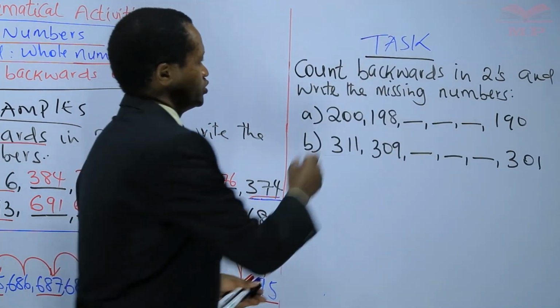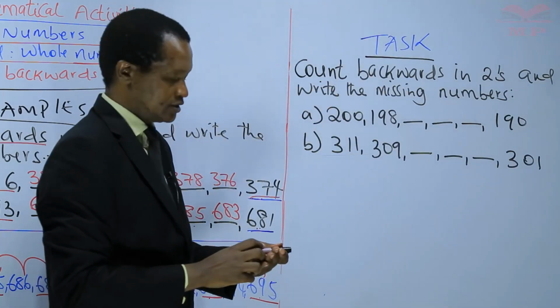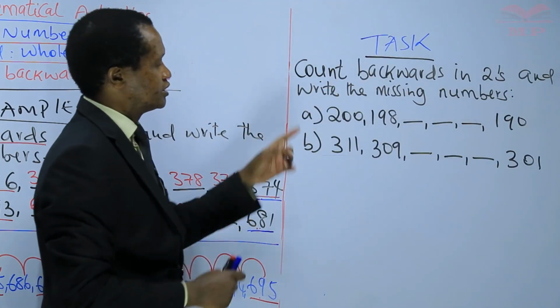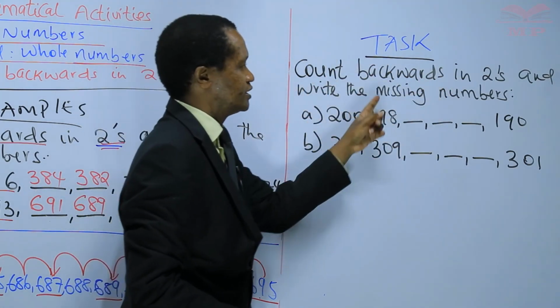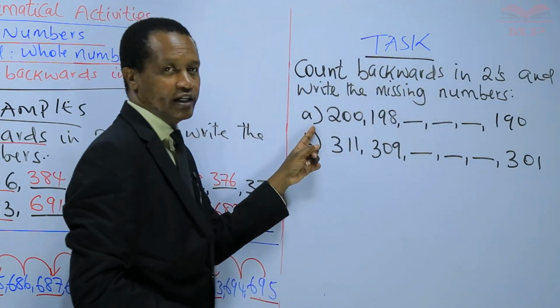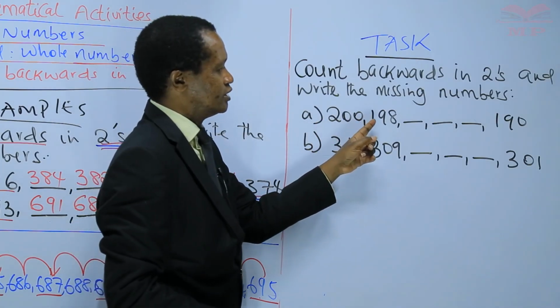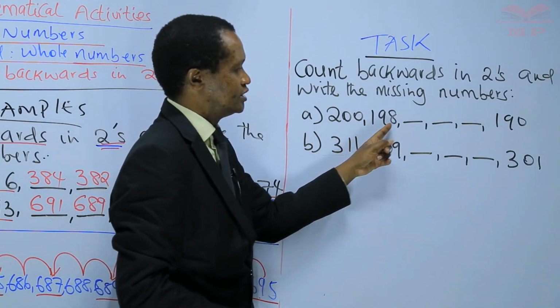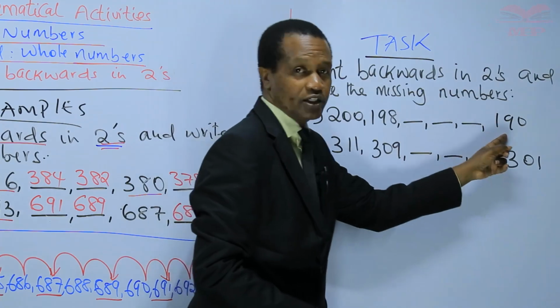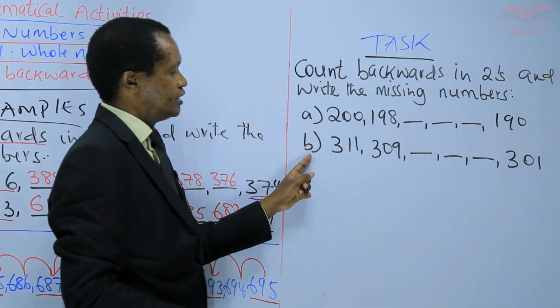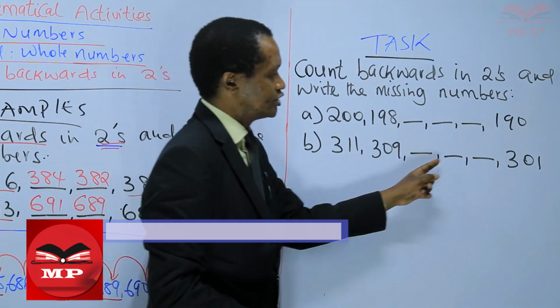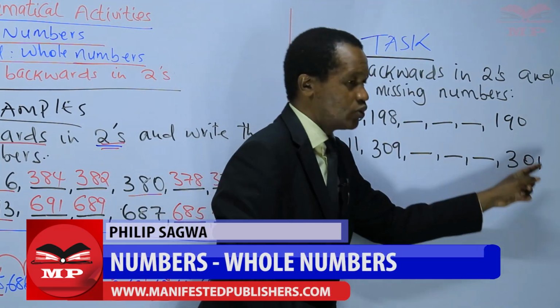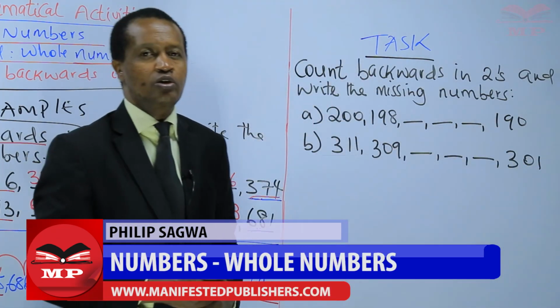I want you to work out that assignment: count backwards in twos and write the missing numbers. A: 200, 198, dash, dash, dash, 190. B: 311, 309, dash, dash, dash, 301. That is your today's homework.